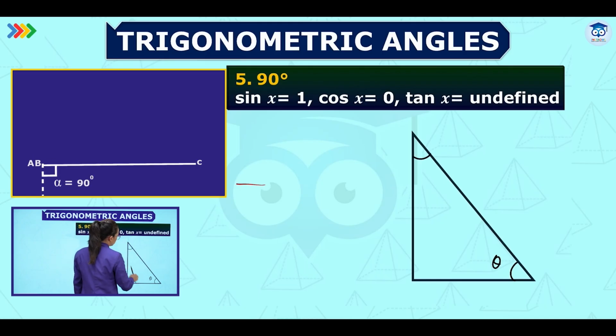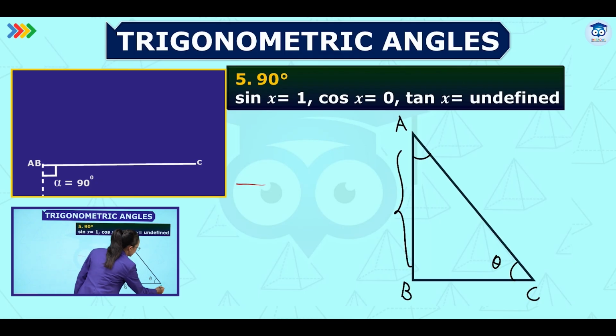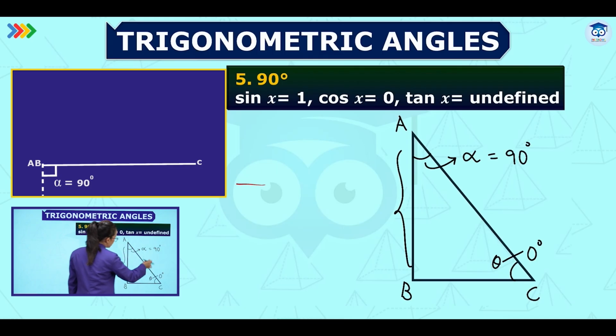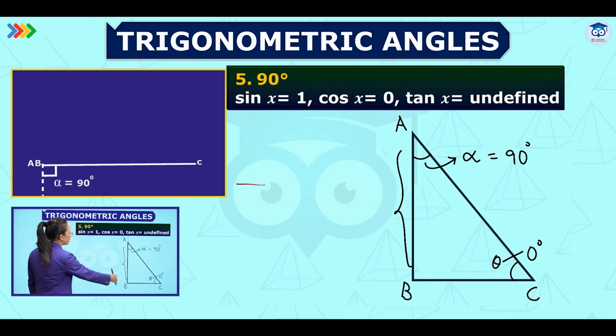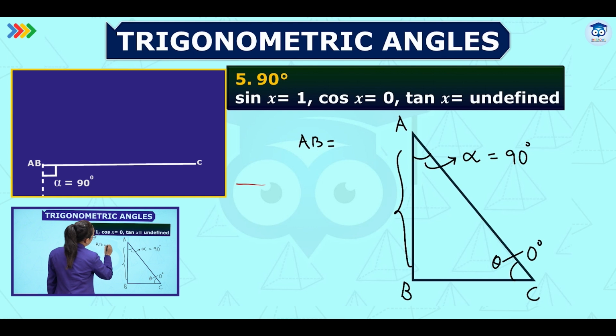This length vanishes. This was to make this a 0 degree. Now this other angle, let's consider it as another symbol, alpha. So this becomes 90 when we make this 0. So AB becomes 0, and AC and BC both are equal.